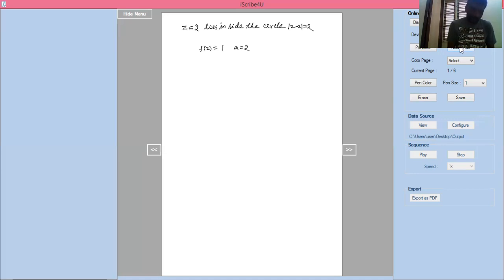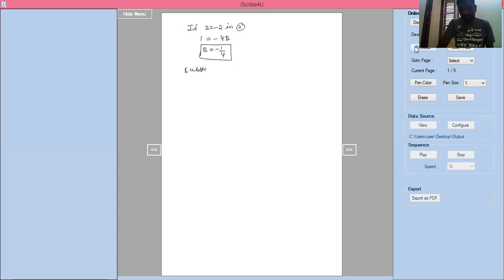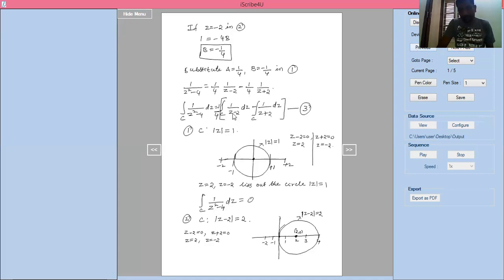Now I'll write the integration over C of 1 divided by z minus 2 into dz.